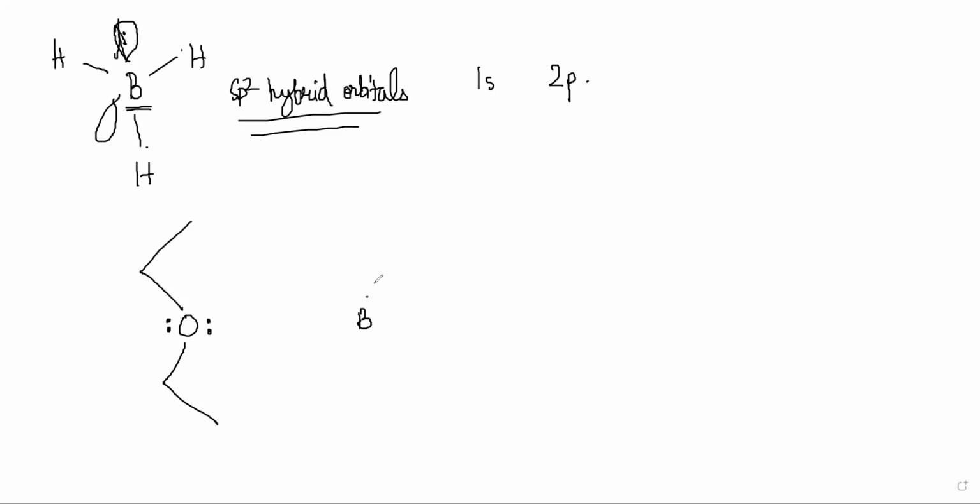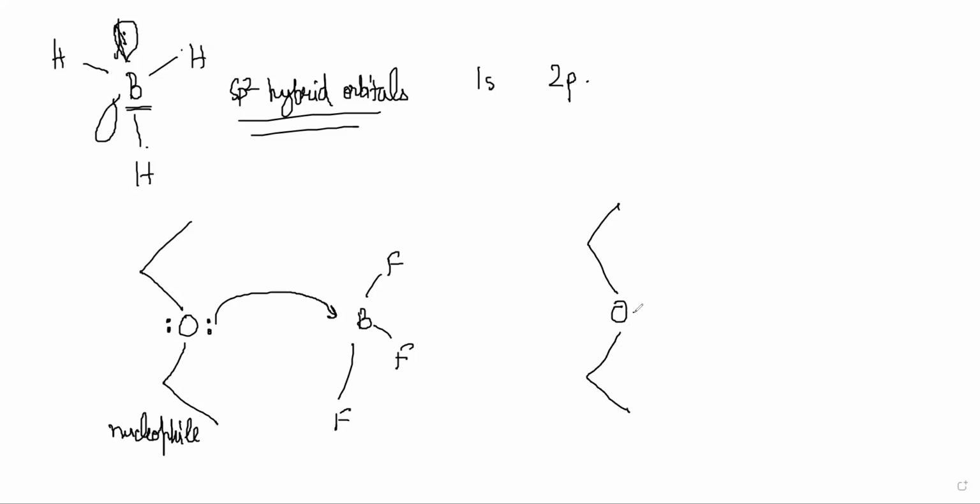Now, with BF3, this oxygen has an extra lone pair, so it will obviously be a nucleophile here. This lone pair will be donated like this, and a bond gets formed. So it becomes O with BF3.